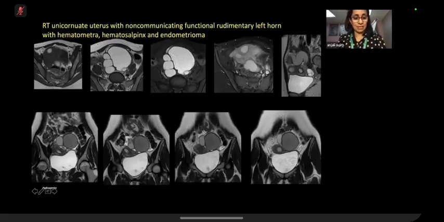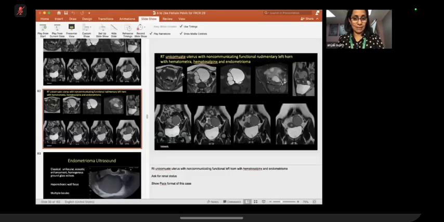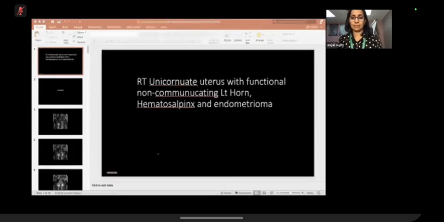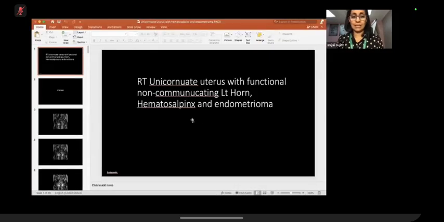Yes. So I'm going to come out of this presentation and I would like to open a PACS model. Can you see the slide saying right unicornuate uterus?